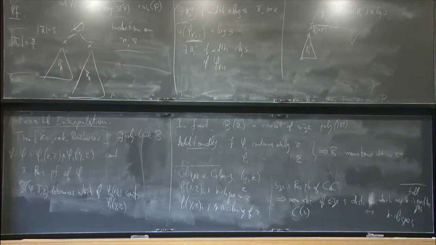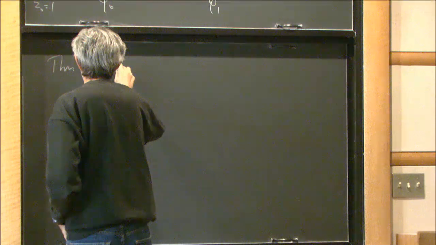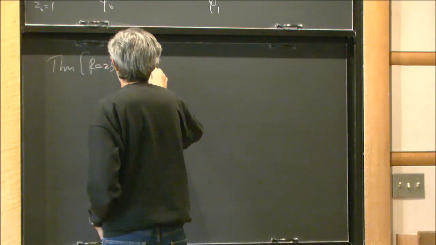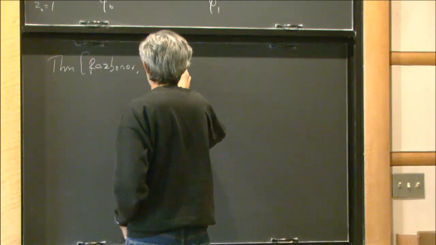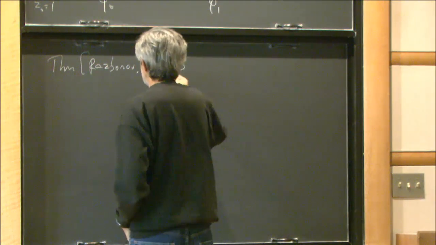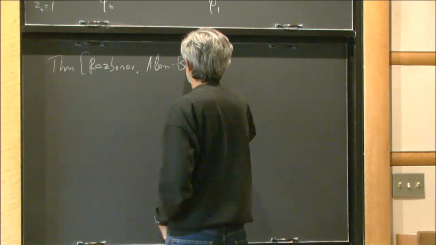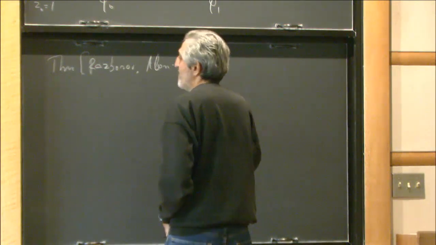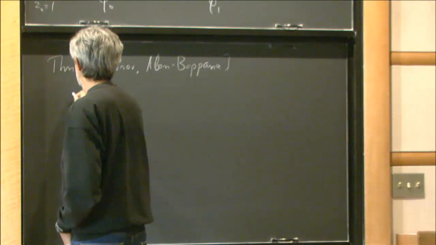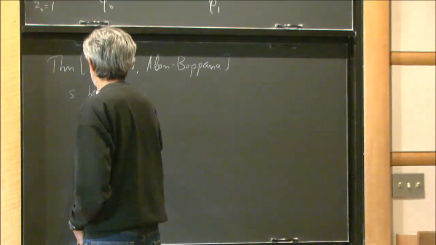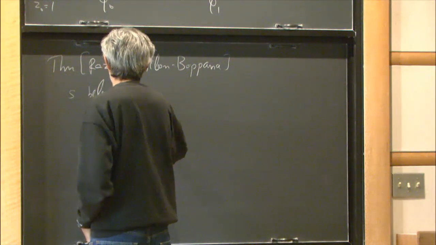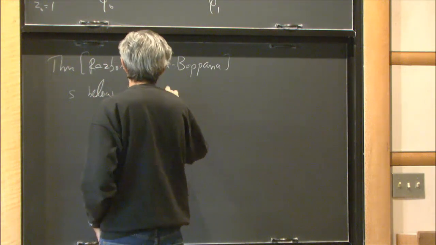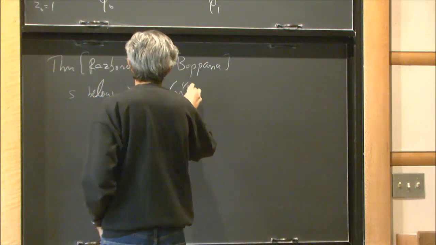So I'll just remind you of the results. Theorem: Razborov did not prove exponential lower bounds. Alon and Boppana did it. They did a more careful argument. S is at least exponential in a power of k.